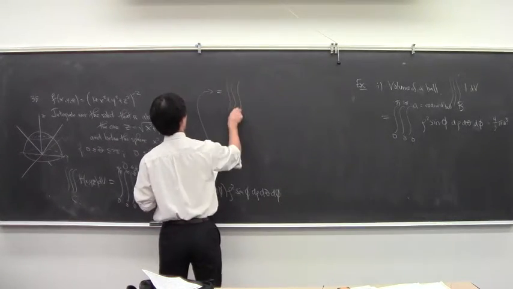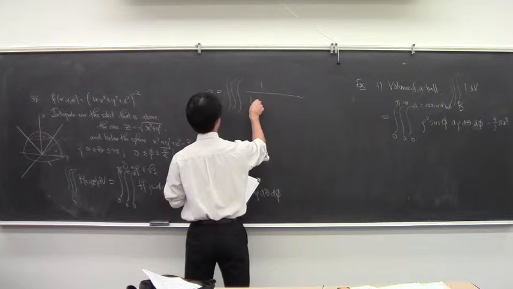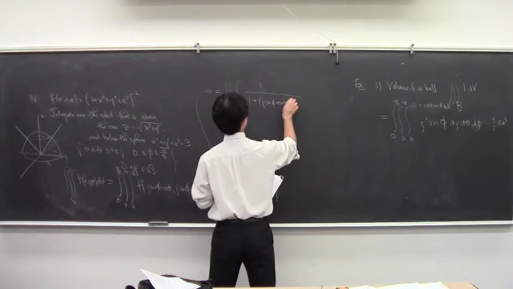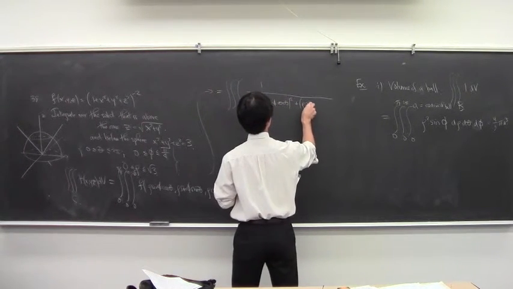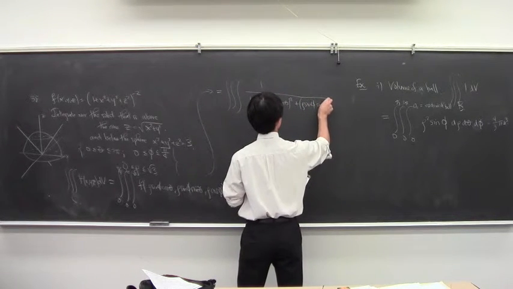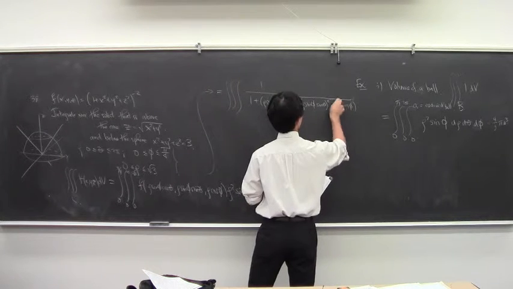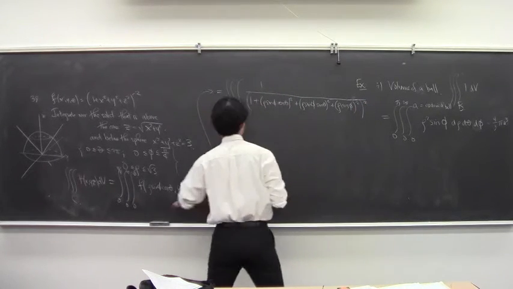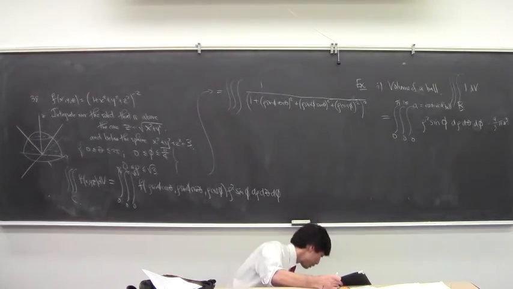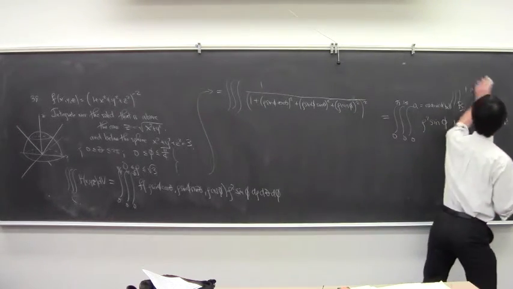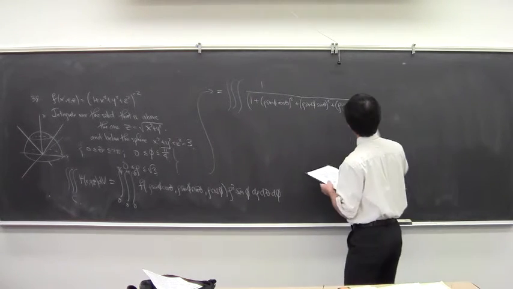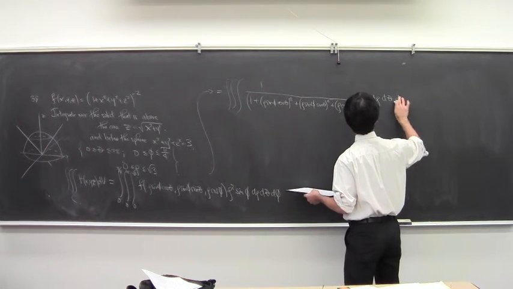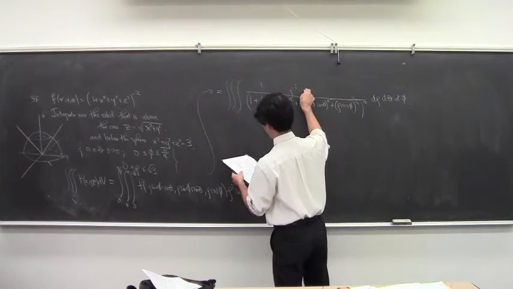So we get 1 over 1 plus rho sine phi cosine theta squared plus rho sine phi sine theta squared plus rho cosine phi squared, everything squared on the bottom, and we have d rho d theta d phi, and you've got the rho squared sine phi.